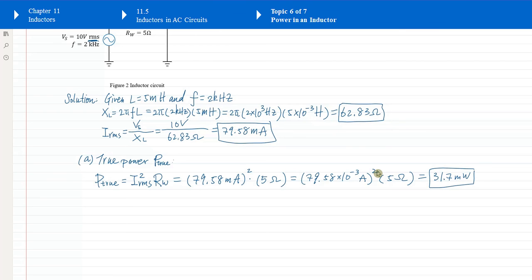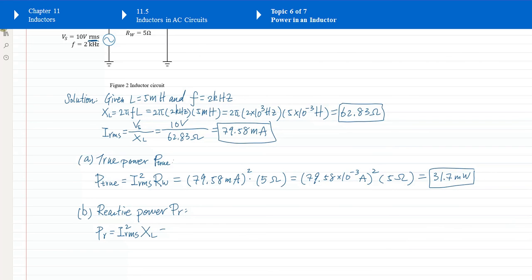Next, we need to find the reactive power. So B, reactive power, PR. PR equals the root mean square current squared times the inductive reactance XL.